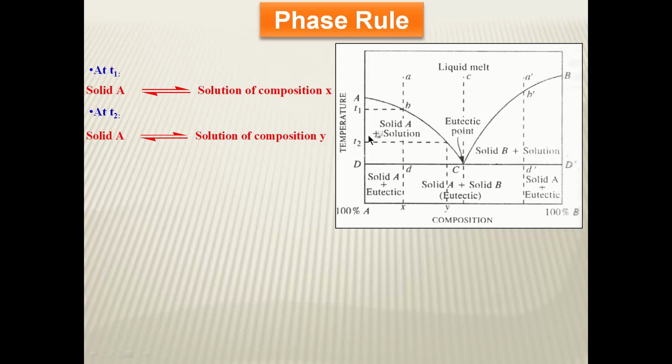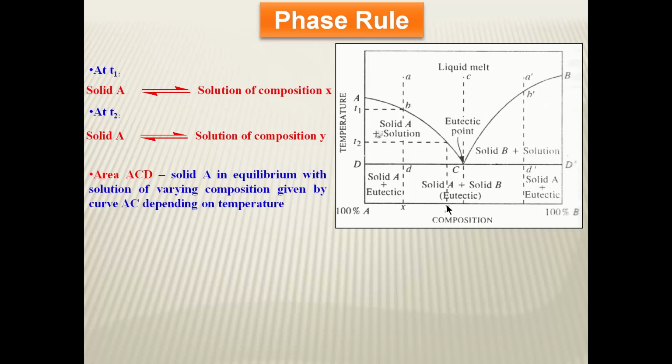Similarly, at temperature T2, with respect to further cooling, the solution of composition Y is in equilibrium with solid A now. This is T2 and the corresponding composition is Y.